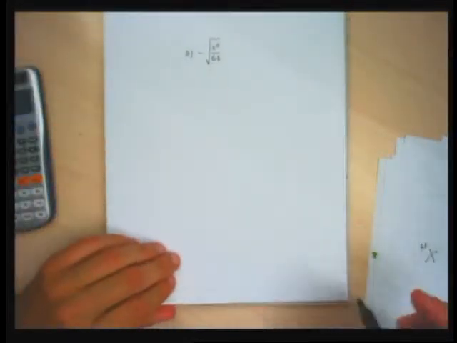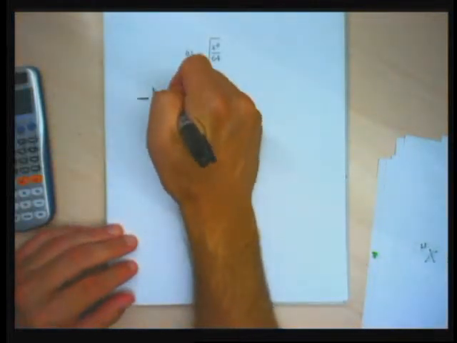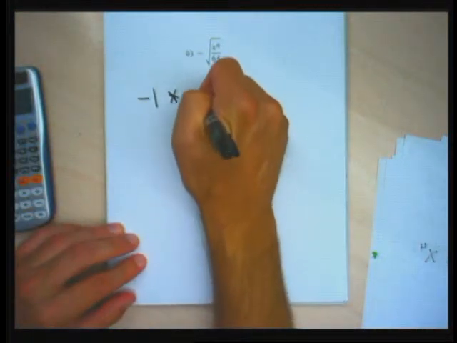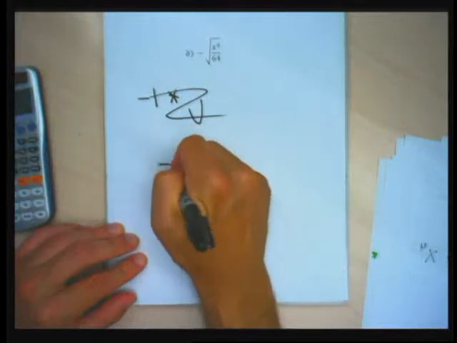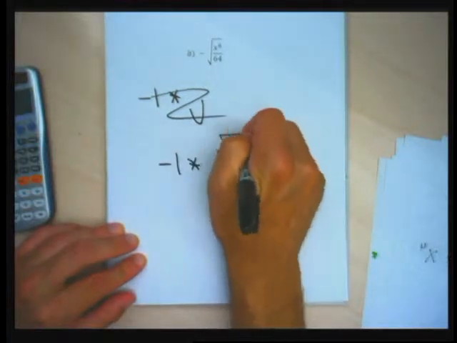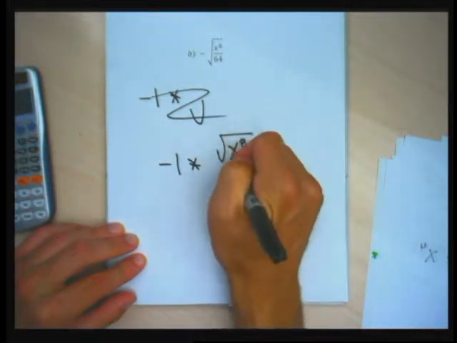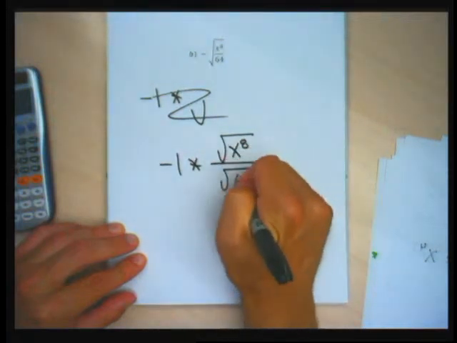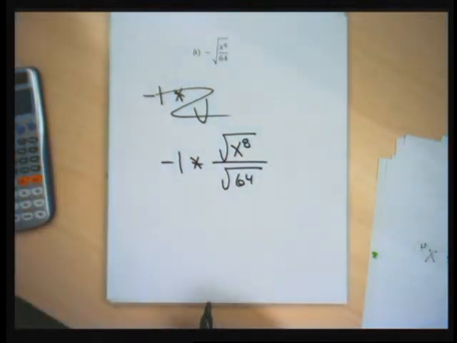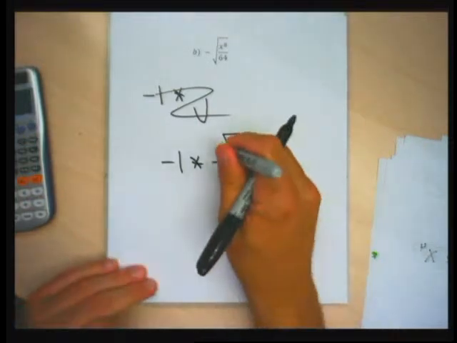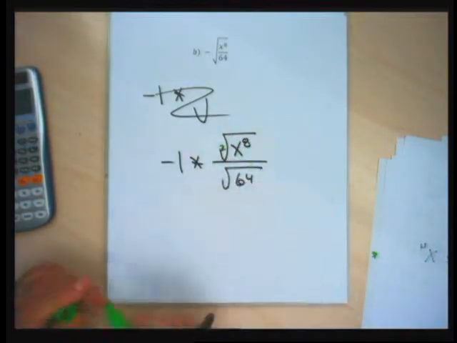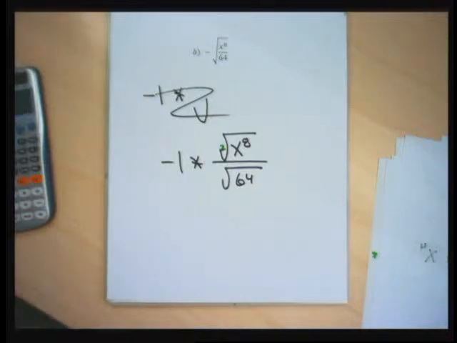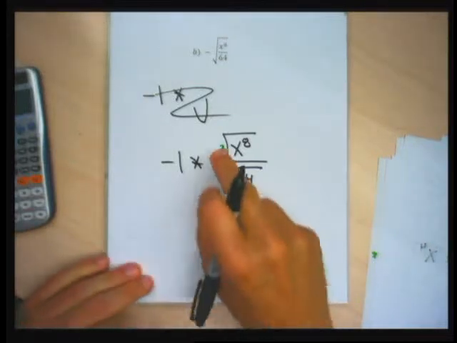Part B, this really means -1 times the square root of x to the 8th over the square root of 64. I have to do the square root of both x to the 8th and 64. The x to the 8th is under a square root symbol, so there's an implied index of 2.